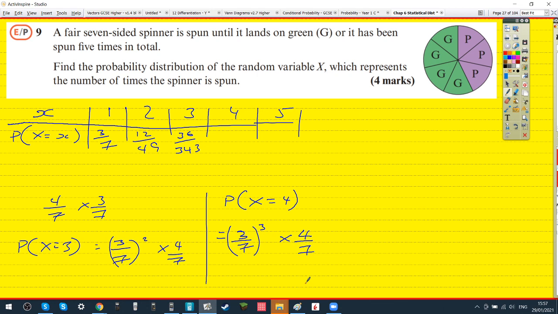And that's 108/2401. Okay. And then here, do we just do 1 minus all those previous values?